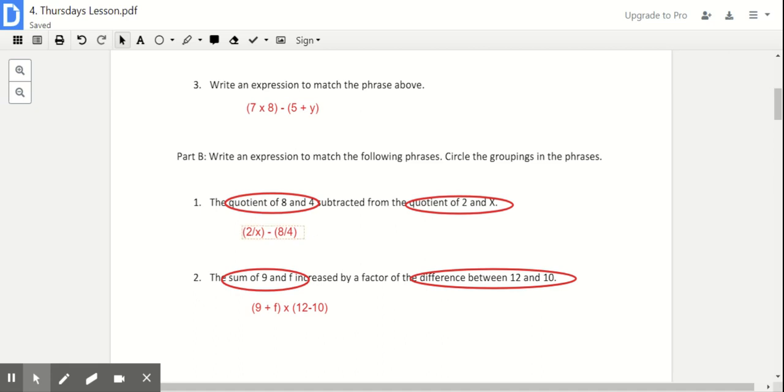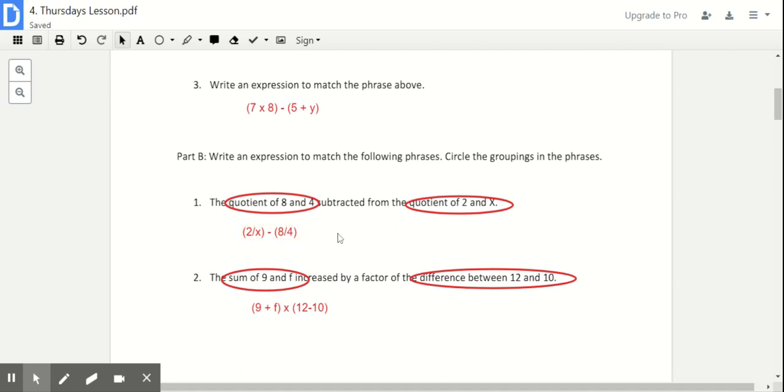Now, why did I do subtraction and why did I choose this order? Why did I not put 8 divided by 4 first? Exactly, because right here in the phrase, it says subtracted from the quotient of 2 and x, meaning the quotient of 2 and x should be in the first parentheses because I am subtracting the quotient of 8 and 4 from it.